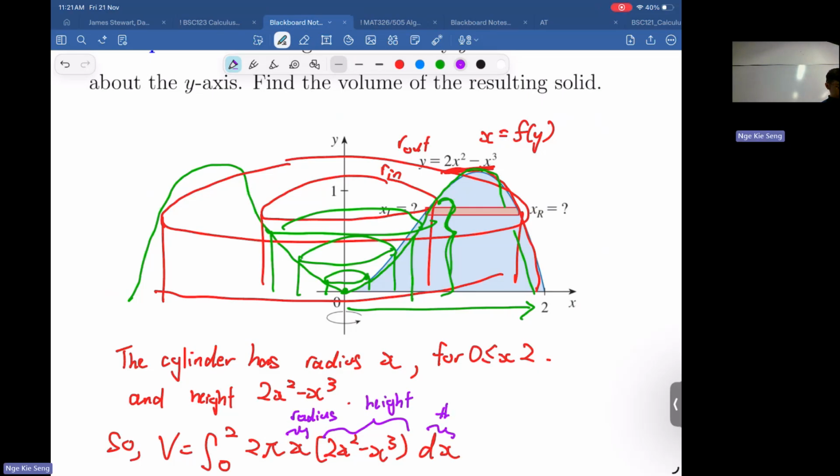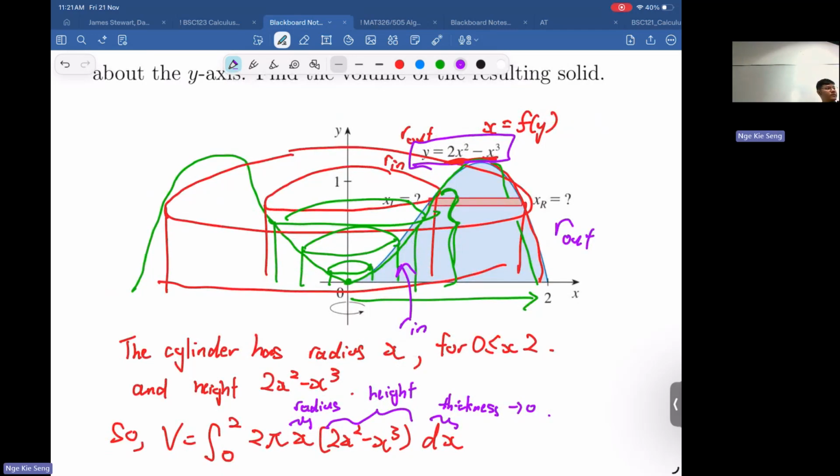And then this thickness goes to 0. This is much easier than finding what is x out, the radius out, and the radius in. That one is much harder because you would have to solve the cubic.